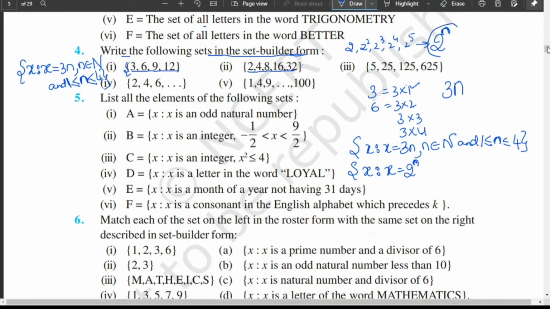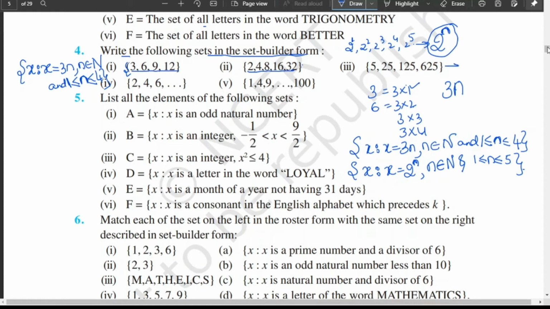And what is n? We don't take 0, right? So n belongs to natural numbers, and up to where is it given? 2, 4, 8, 16, 32. So it ranges from 1, 2, 3, 4, 5. So n is greater than or equal to 1 and less than or equal to 5. Done.